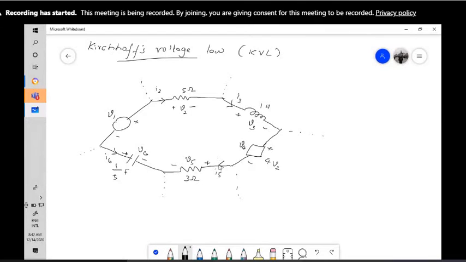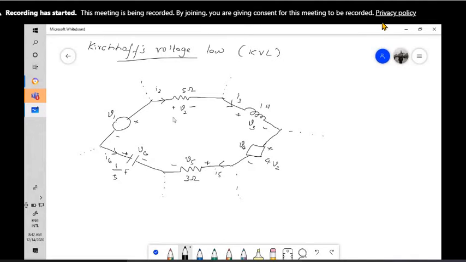Anyway, this dotted line, as I said, indicates that it is not the entire circuit, but a portion of the circuit where we are trying to analyze a particular loop. Now Kirchhoff's voltage law states that the algebraic sum of voltage drops in all the branches of this particular closed path, which we can also call a loop, is zero.